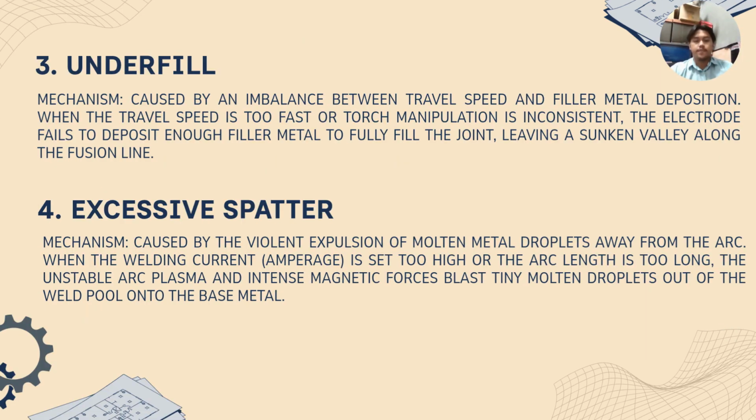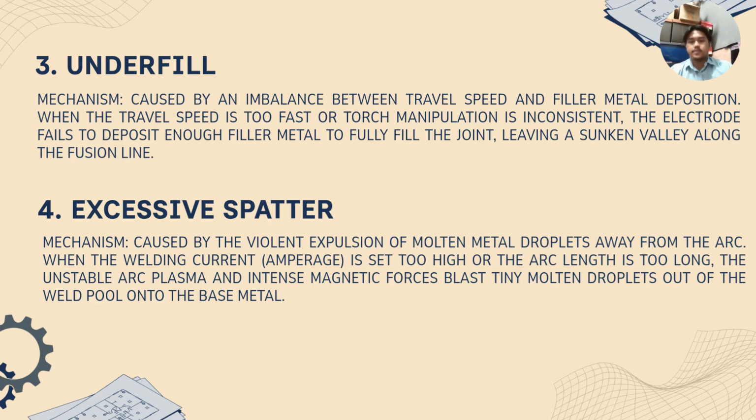Next, we have underfill, which is caused by an imbalance between travel speed and filler metal deposition. When the travel speed is too fast or torch manipulation is inconsistent, the electrode fails to deposit enough filler metal, leaving a sunken valley along the fusion line.